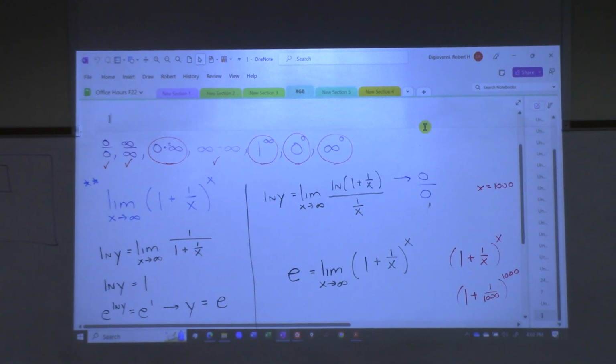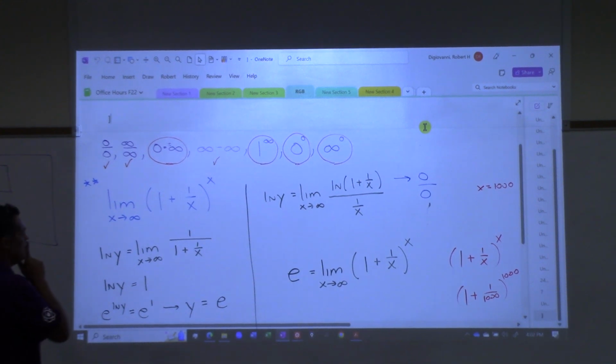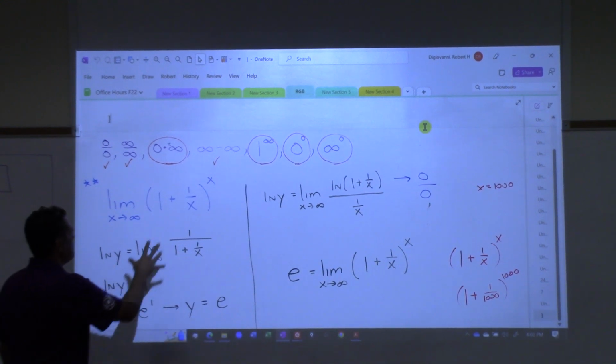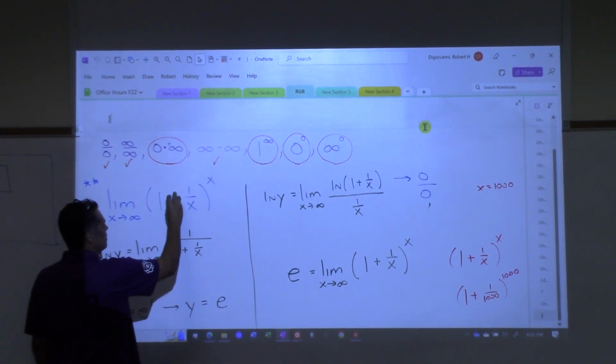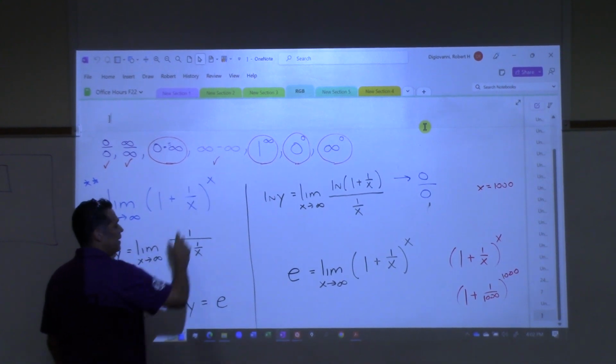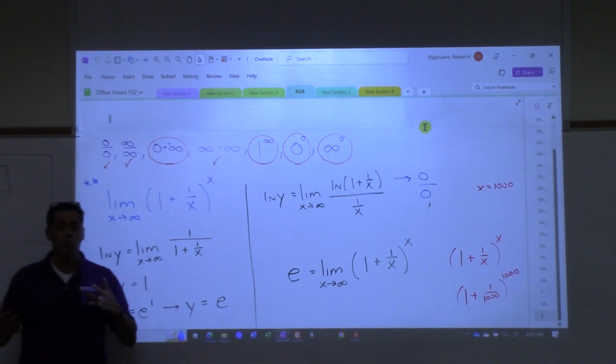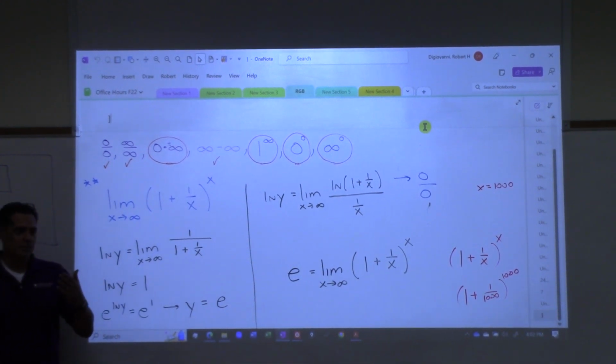All right. There's one more thing I want to say on this. Who won the battle? Do you remember what the base was going to? The base wanted to become 1, and the exponent wanted to become infinite. So the base wanted to be 1, the exponent wanted to turn into a bigger number, and who won? Neither one of them won. They shook hands and said, we're going to e. It was a compromise.